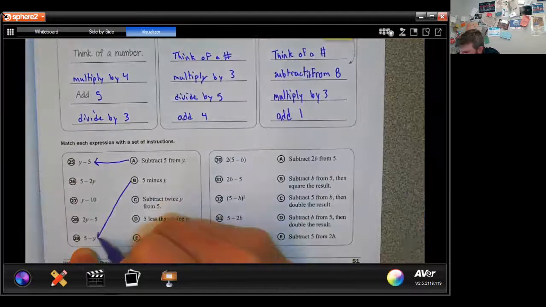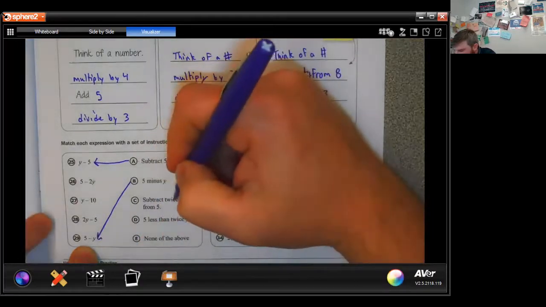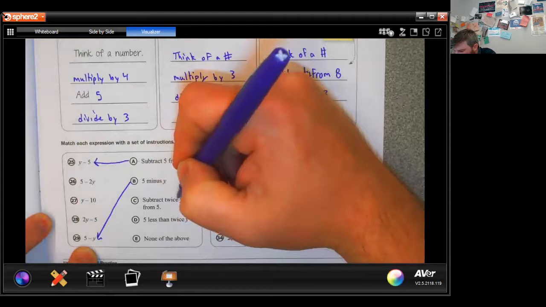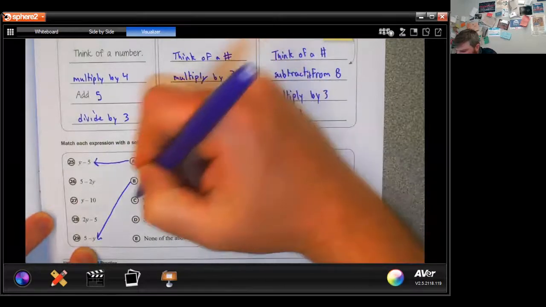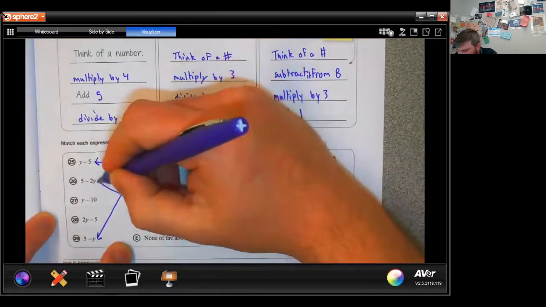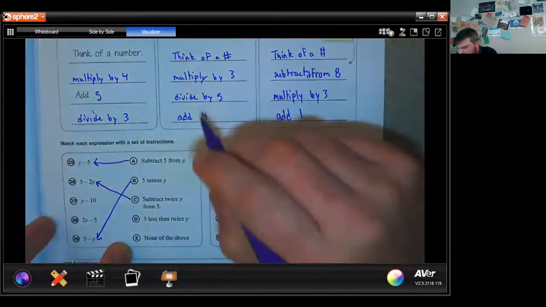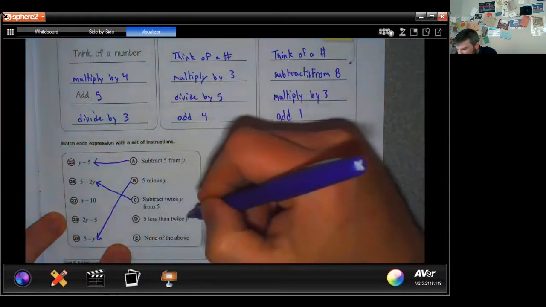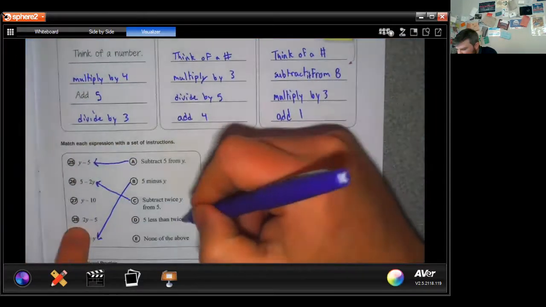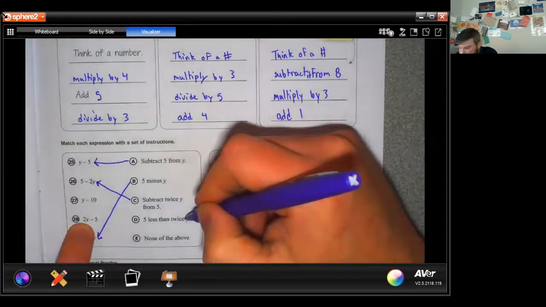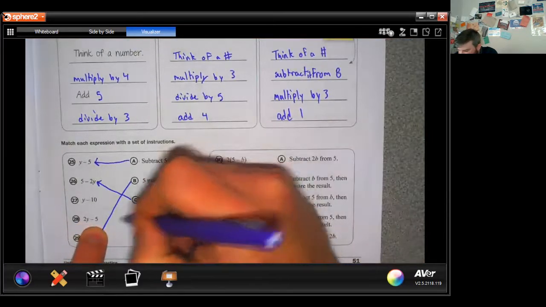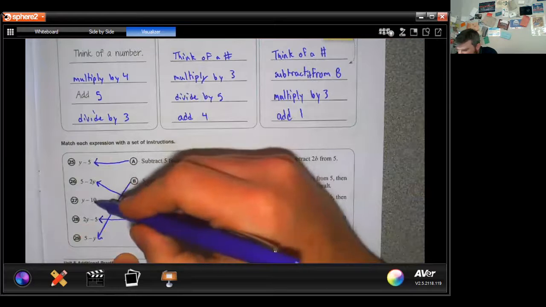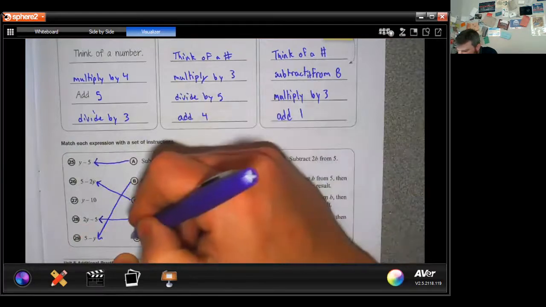Subtract twice y from 5. So twice y would be 2y, and you're subtracting it from 5. That would be right there. 5 less than twice y. So again, that's twice y, that's 2y, and then 5 less would be right here. And then this is 10 less than y, and I don't see that one there.